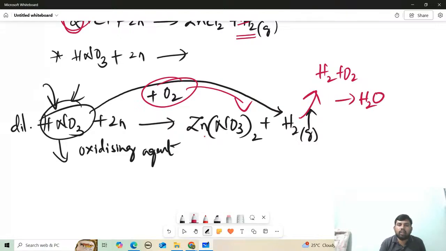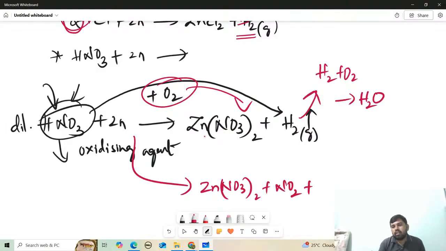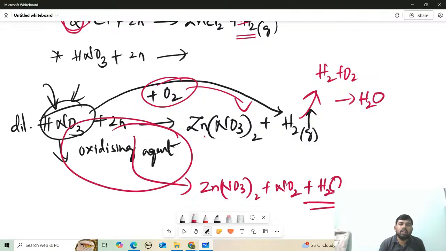So what is the final equation? It has to form the above product, but Zn(NO3)2 plus NO2 gas plus H2O will form. What is the reason, sir? Because HNO3 acts as an oxidizing agent. It will add oxygen to the produced hydrogen gas.